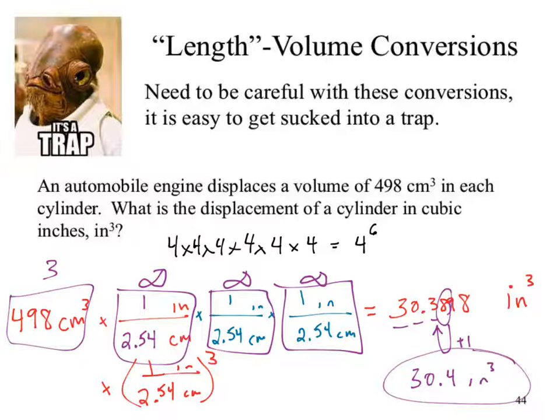Good? Oh, yeah. Why did we apply the cube to 490? The cubed is only applying, so that cubed there is part of the unit system. Okay. Here, the 2.54 applies to centimeters. 1 inch applies to inches.